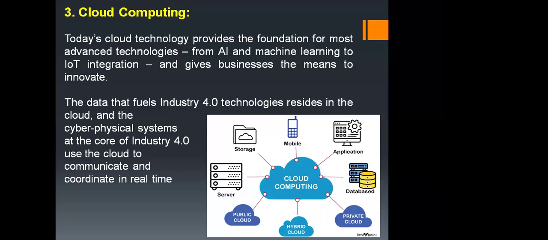The data that fuels the Industry 4.0 technologies resides in the cloud and the cyber physical systems. At the core, Industry 4.0 uses the cloud to communicate and coordinate in real time. Cloud computing involves everything from our small electronic gadgets like mobiles to huge databases stored in the cloud.